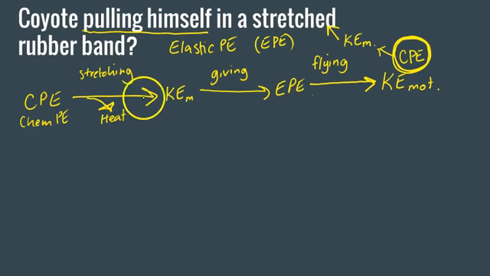Because as you're stretching that rubber band, do you hear it stretching out, and do you hear it making a sound? That is some of that chemical potential energy being lost in the form of sound waves. So what originally was a large amount of energy up here has now had some of its energy depleted, and only part of that energy is put into the next action, which was the kinetic energy of motion pulling the elastic band apart.